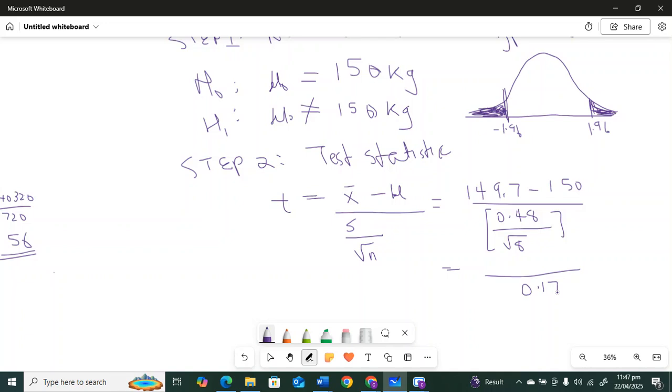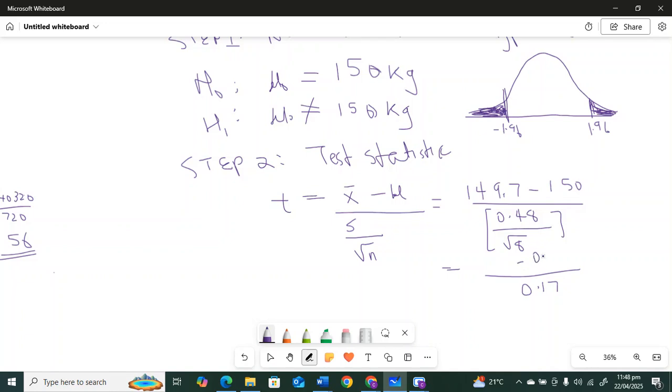Okay, 149.7 minus 150. I think that should be negative 0.3, if I'm not mistaken.